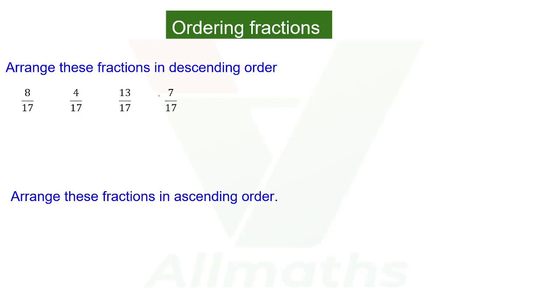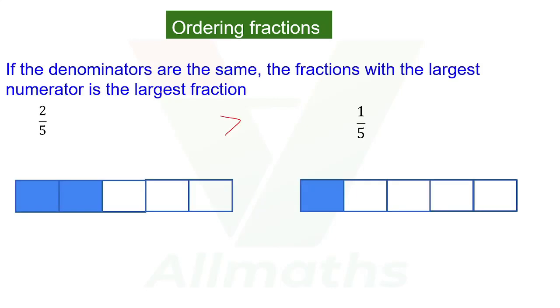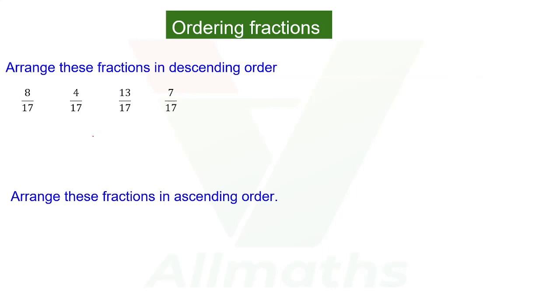Descending order means you're coming from the highest one and you're coming down, starting from the highest and descending till you get to the least of them all. From our rule, when they have the same denominator, the fraction with the highest numerator is the largest fraction.